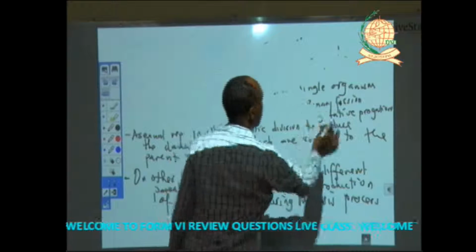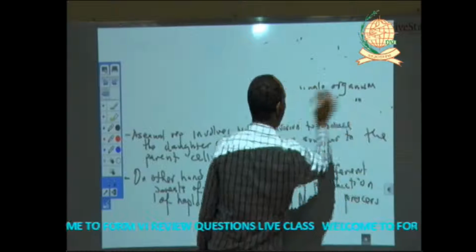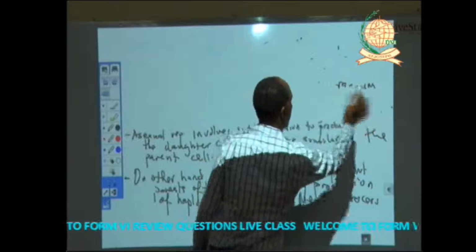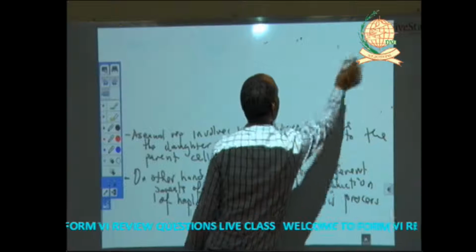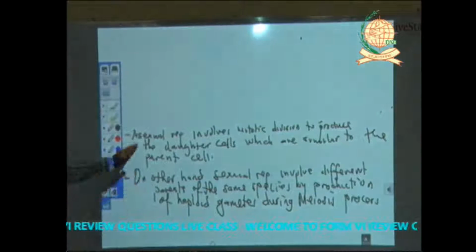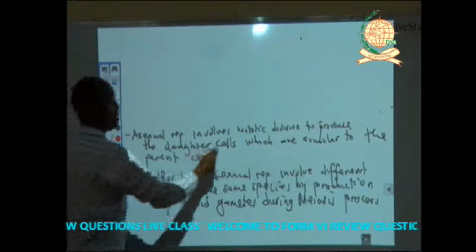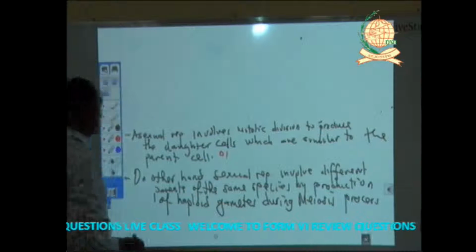Why variation in sexual reproduction? When you mention asexual reproduction and define it, you'll have one mark here.